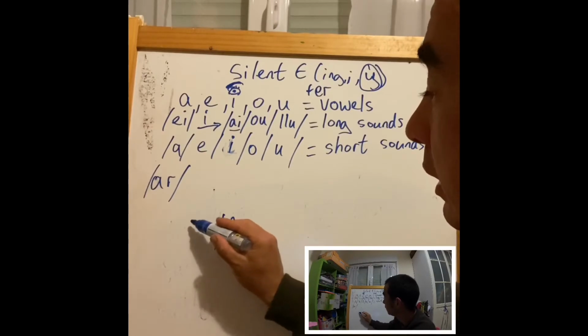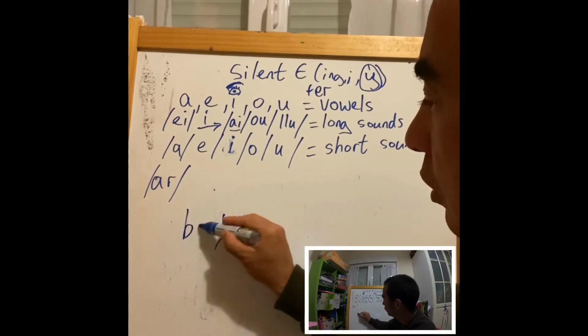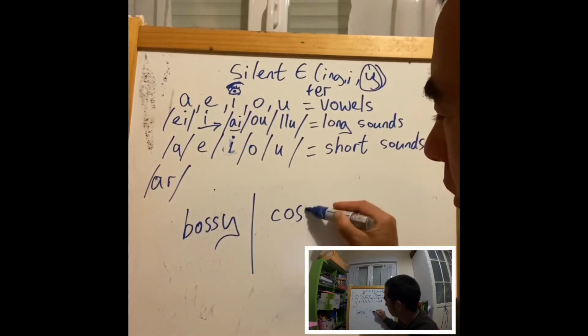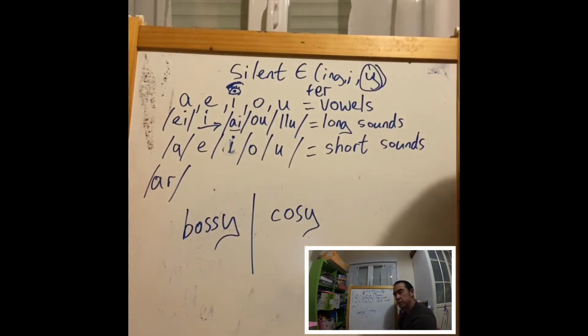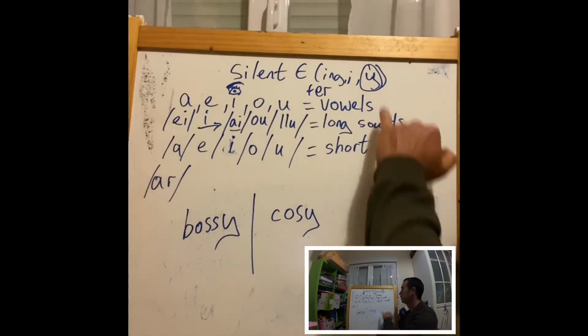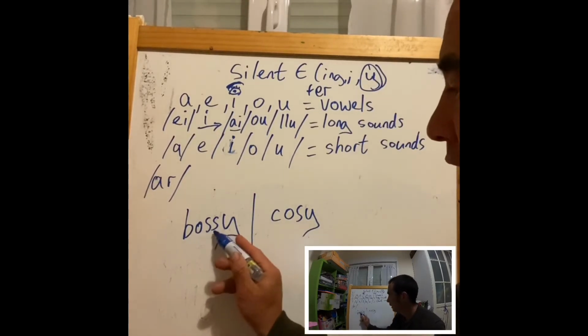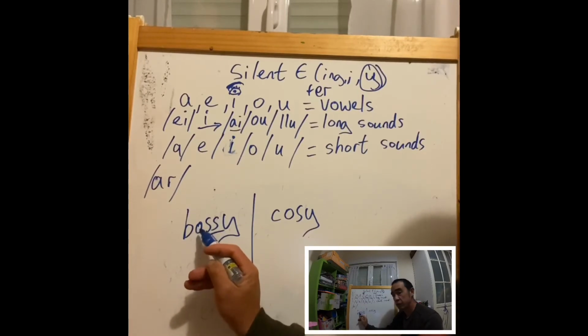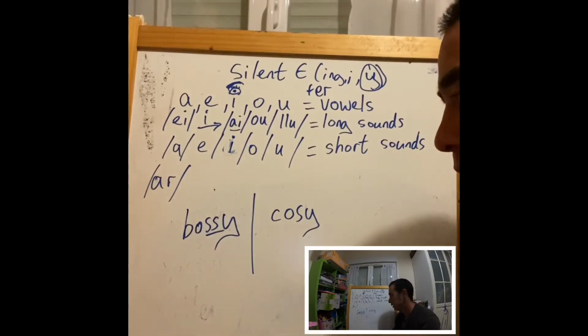So let's think of some B2 level type adjectives to illustrate the point of Y. Here, double S would mean that this vowel is short. That's bossy.